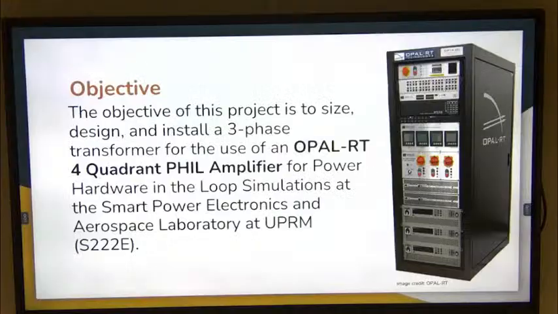Our objective is to size, design, and install a three-phase transformer so that we can use the OPAL-RT simulator in the 222 Stefani laboratory of smart power electronics and aerospace.